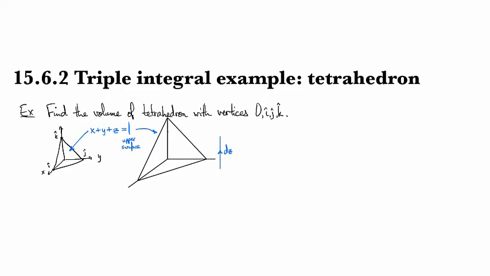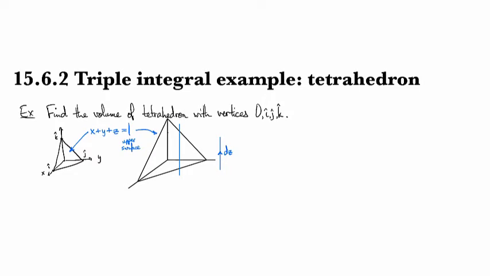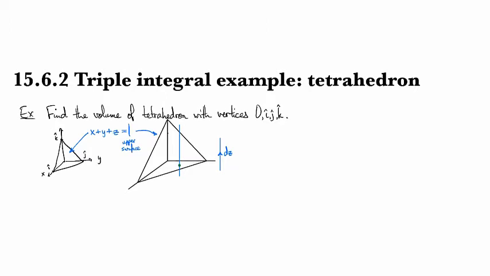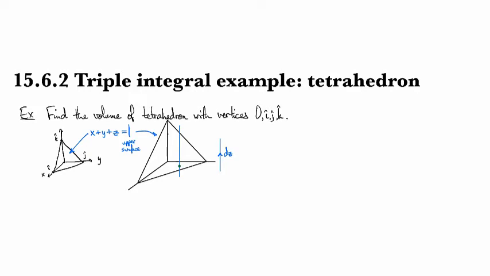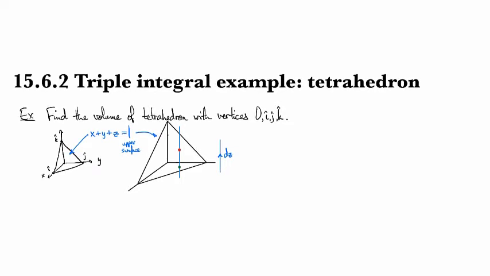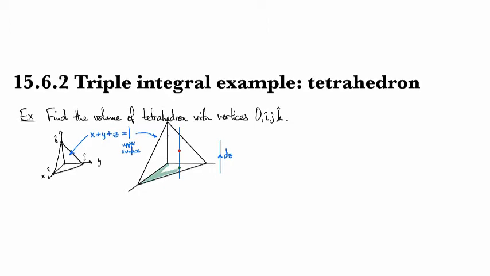So if I drew a vertical line here, then it first hits the region right here, and then it leaves when it punctures the surface somewhere right up there. So in other words, I'm going to be beginning at this surface.